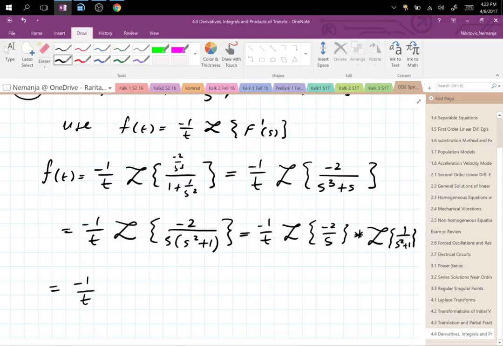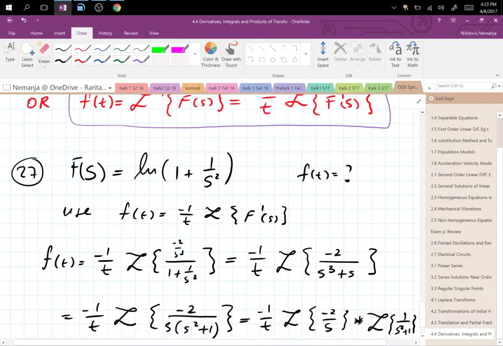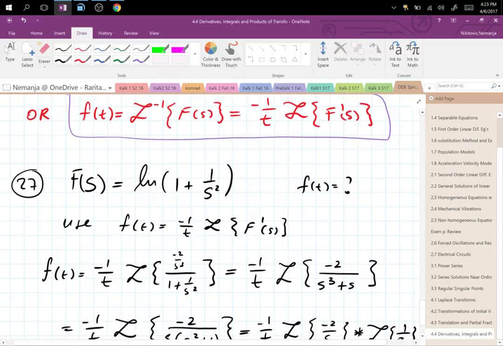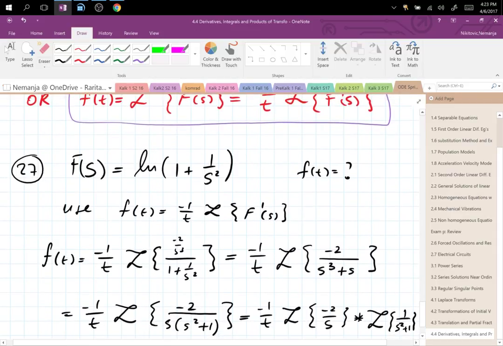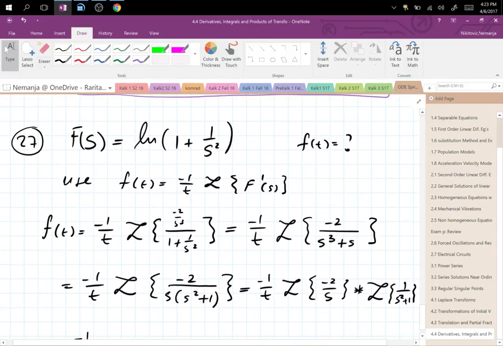Why am I writing Laplace? This is supposed to be inverse Laplace, because we are already in the s domain.